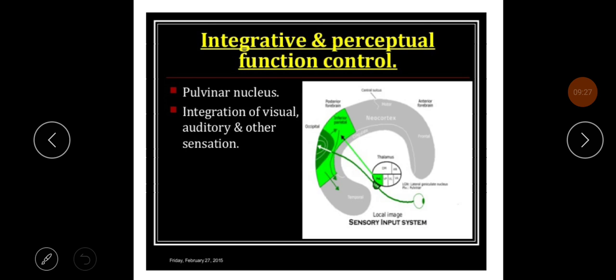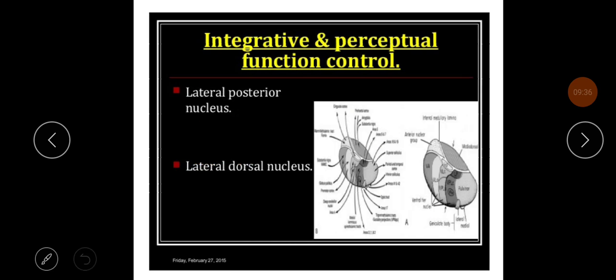Whereas the pulvinar nucleus is very important for integration of visual, auditory, and other sensation. The lateral posterior nucleus or lateral dorsal nucleus are also involved in integrative and perceptual function and control.